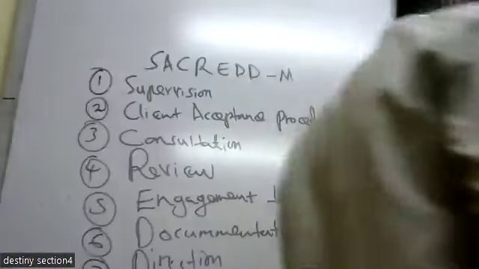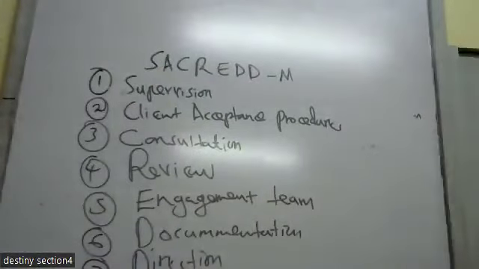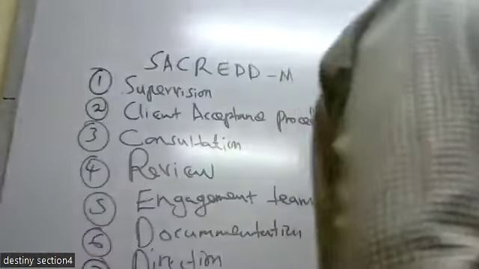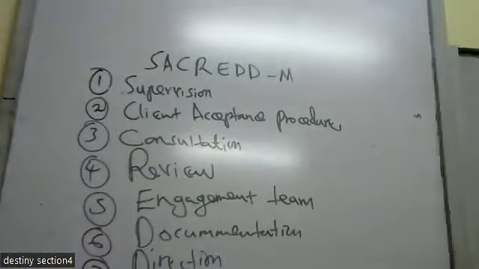The supervision should be continuous during the audit. The senior members of the team should supervise the work of the junior members. Why do they check that? A, to check whether they are following the audit programs, since they're the ones implementing them. B, to track the progress of the audit.